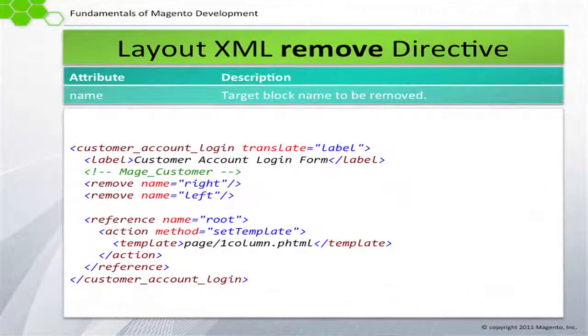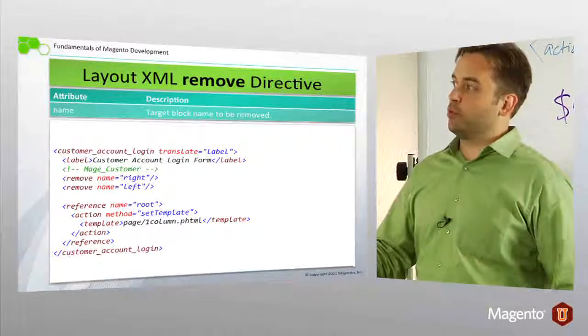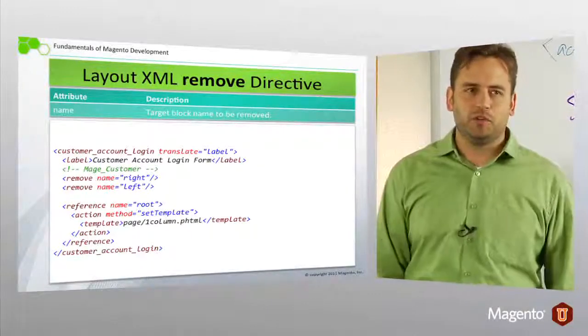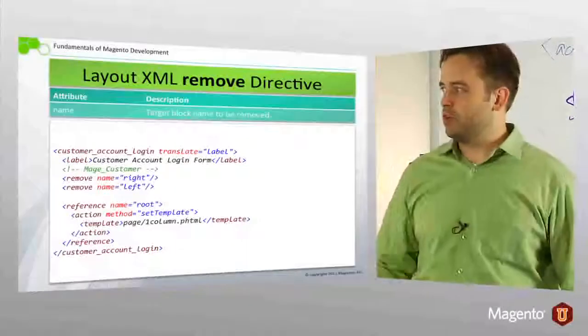All right, so remove directive again just specifies a name, not an alias, but a name of some block somewhere. And this happens for customer account login page. Remove name right, remove name left. You could probably say, well, why wouldn't you just use the one column template?